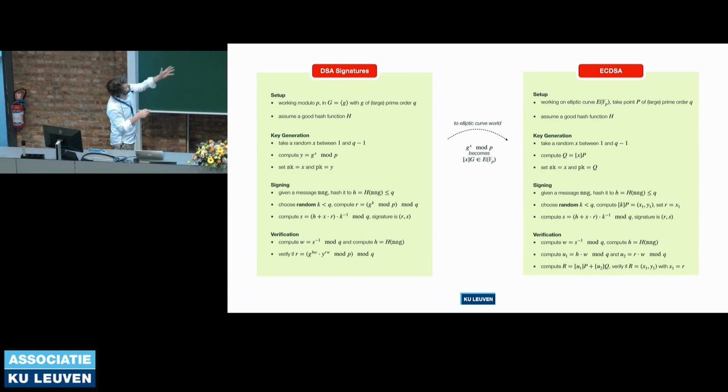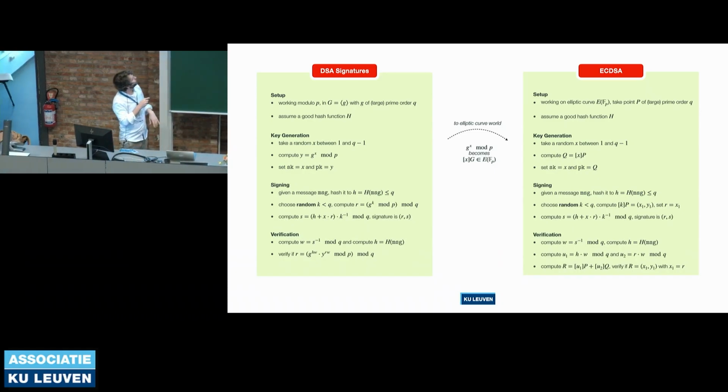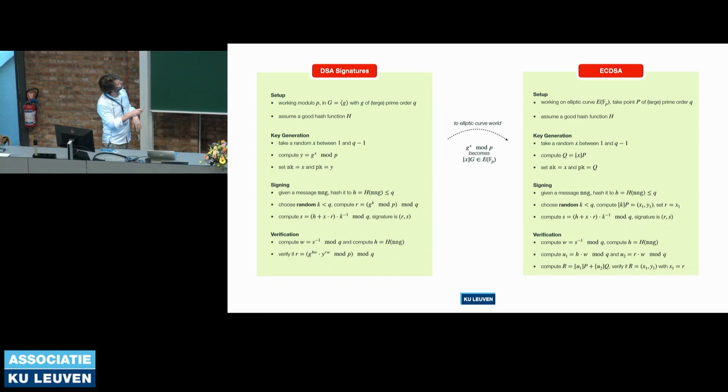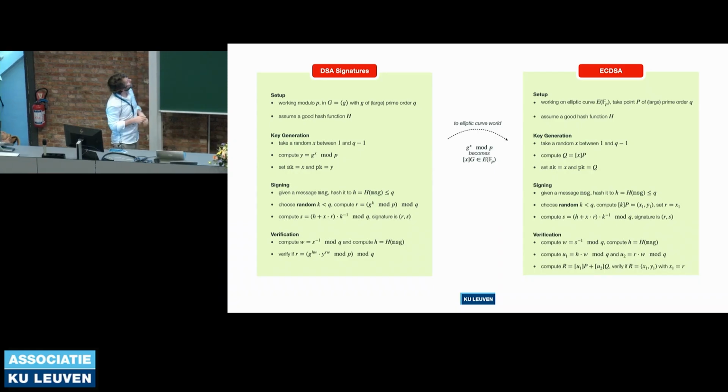In verification, the computation is slightly different, because raising to the power becomes multiplication on the elliptic curve, and multiplication becomes addition. But you will see that there is this similarity.